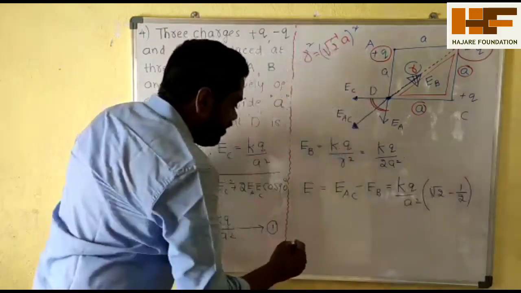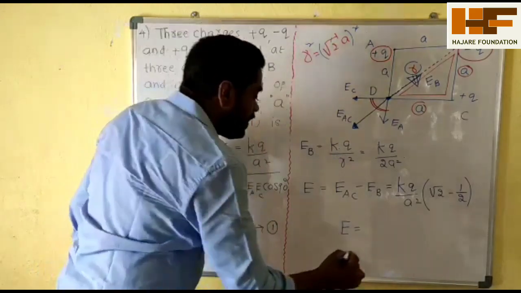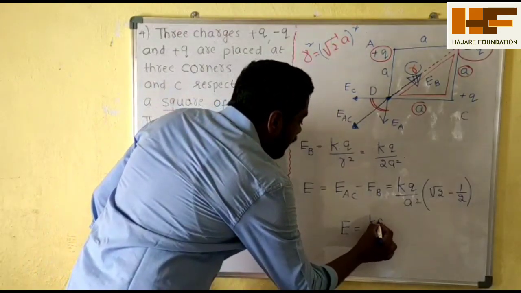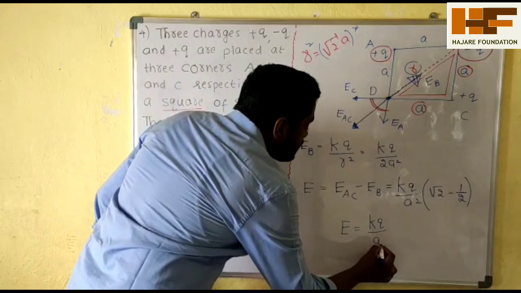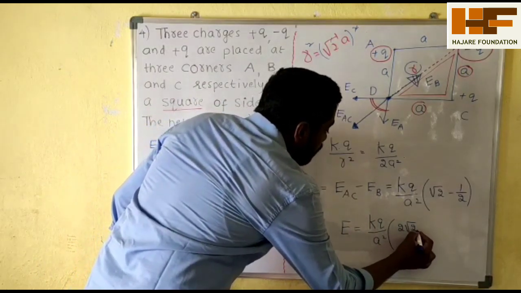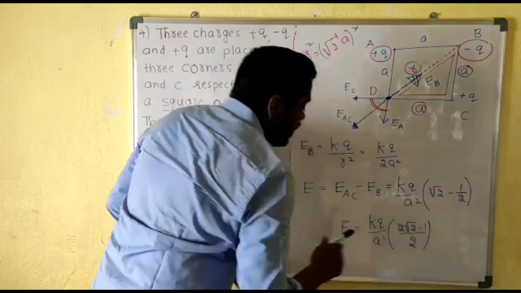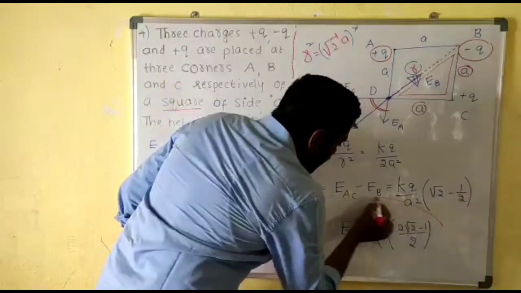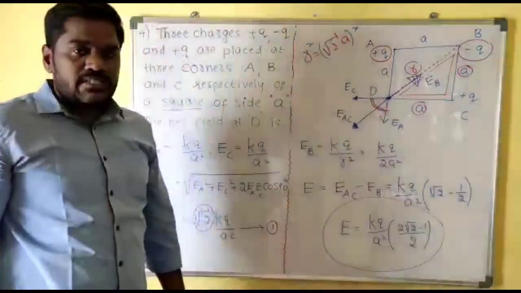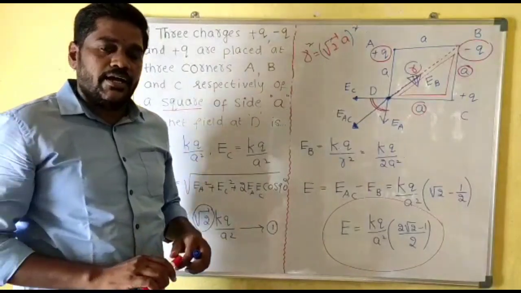If you simplify, the final answer, the total field at that point D, is KQ by A square into 2 root 2 minus 1 by 2. Therefore this is our answer. Out of the 4 options, which one is correct? Just solve this one and tick it. And thank you.